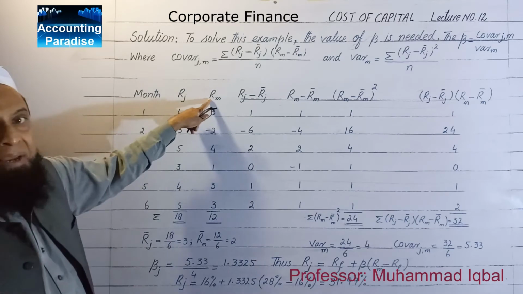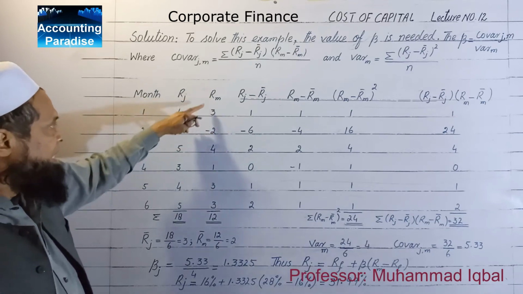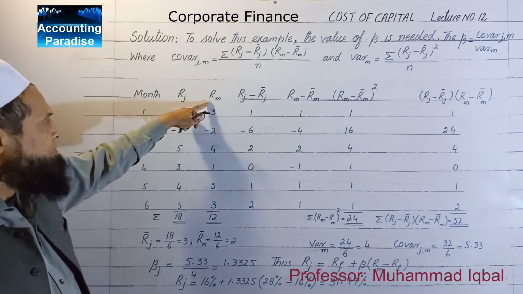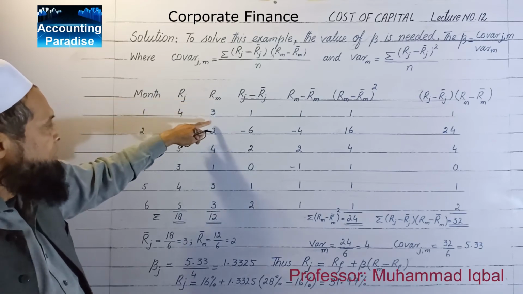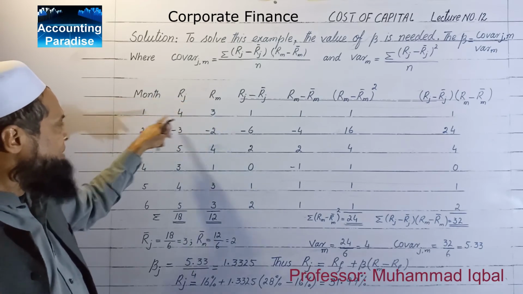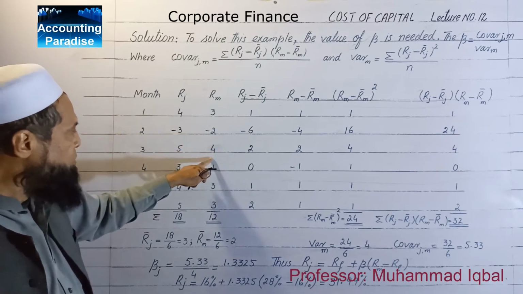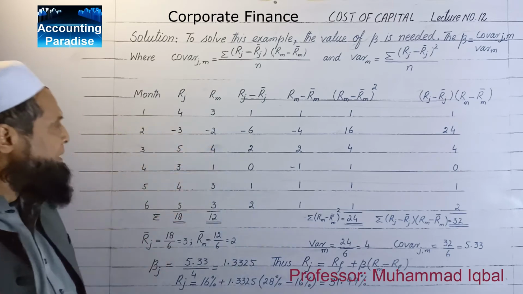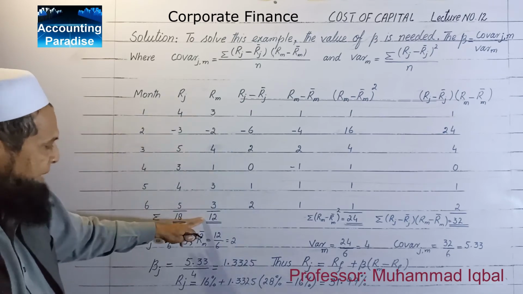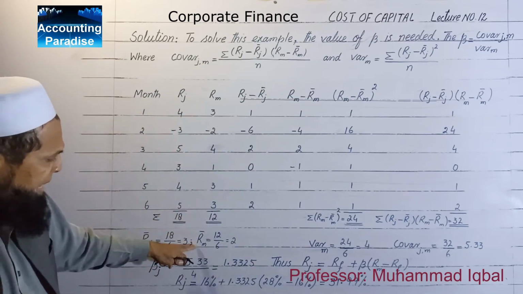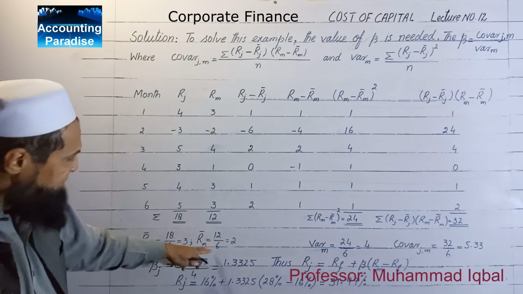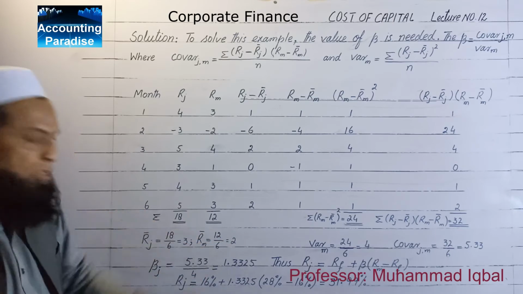In the same way, Rm, the return on average market portfolio, is equal to 3, minus 2, 4, 1, 3, 3 in the months. Their summation is 12 and R bar M is equal to 12 over 6, is equal to 2.